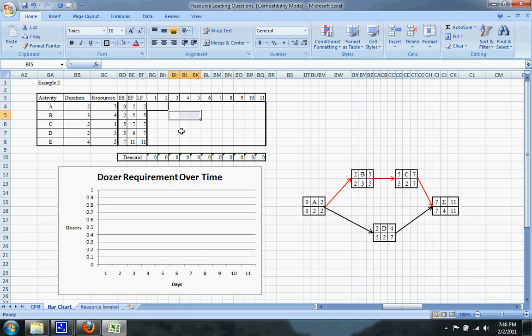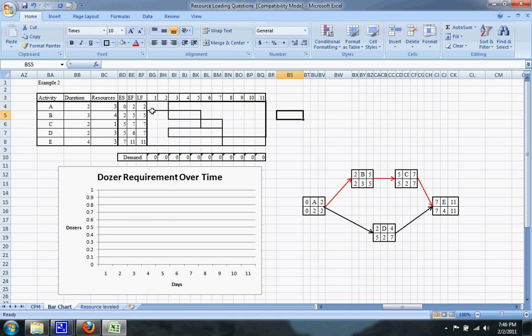D will also start after A is done, and that'll go to the 7th day. C will start after B is done and also go to the 7th day. And then finally, E goes after C and D are both done and goes till the last day of the project.